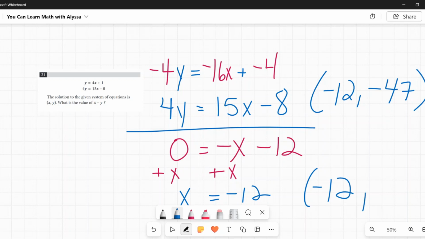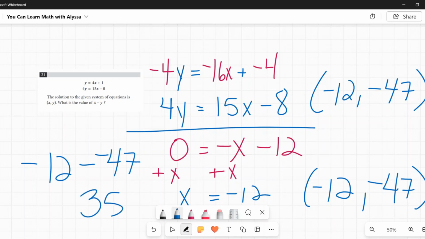Then the same process, I plug negative 12 into the original y equals 4x plus 1, which gives negative 47. And we're back to x minus y: negative 12 minus a negative 47, which is a positive 35.